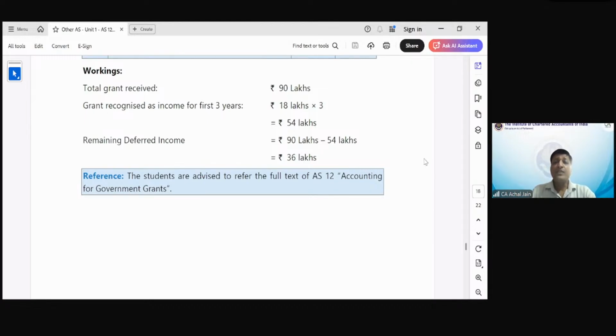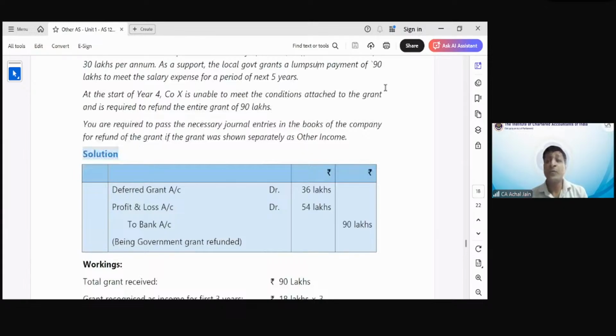So after 3 years, what is going to be the balance of deferred income? 90 lakhs less 18 lakhs into 3, 36 lakhs. Okay, so now when we have to refund the government grant, what do we do? We'll say to bank 90 lakhs. Now where should this be adjusted first?